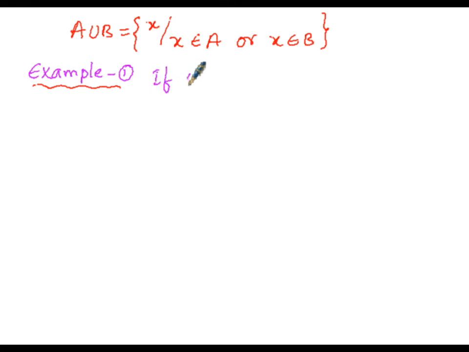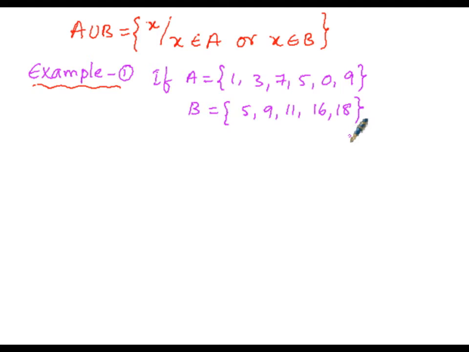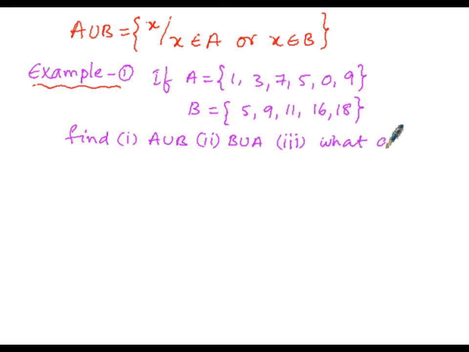Here, if A equals 1, 3, 7, 5, 0 and 9, and set B consists of 5, 9, 11, 16 and 18, we have to find the first as A union B, the second as B union A, and the third, observe these two sets, A union B and B union A. What do you conclude, what do you notice by observing the A union B and B union A sets?